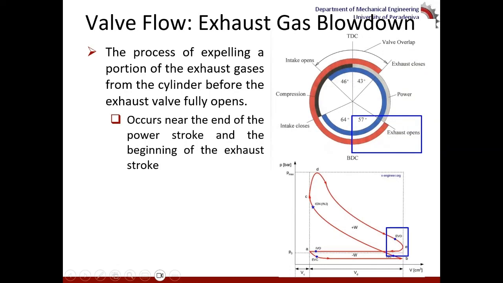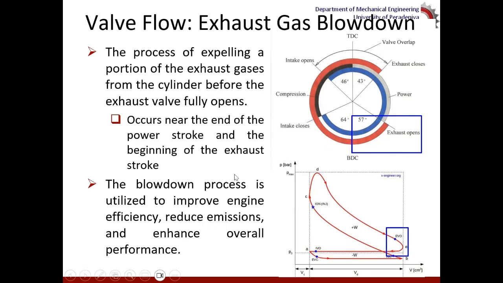As you can see on the bottom diagram, the exhaust valve opens here, and accordingly the exhaust gases start going out of the system. And this process would improve the engine efficiency and reduce emissions.